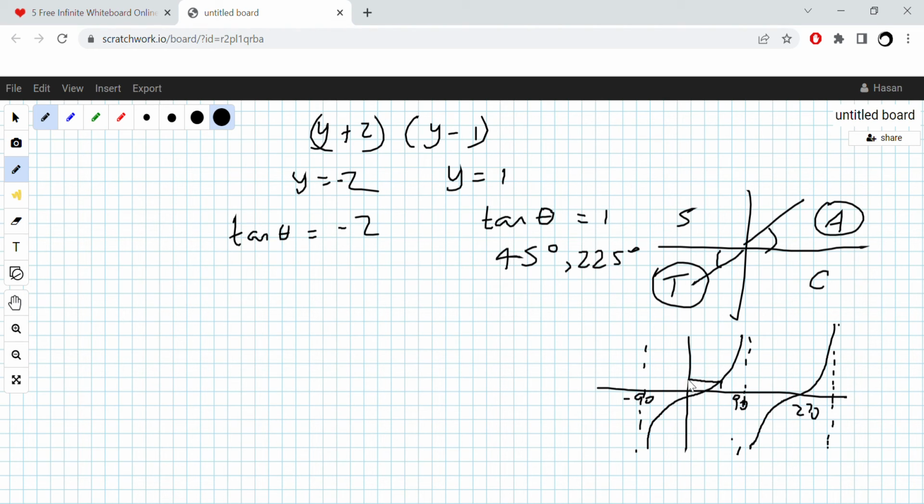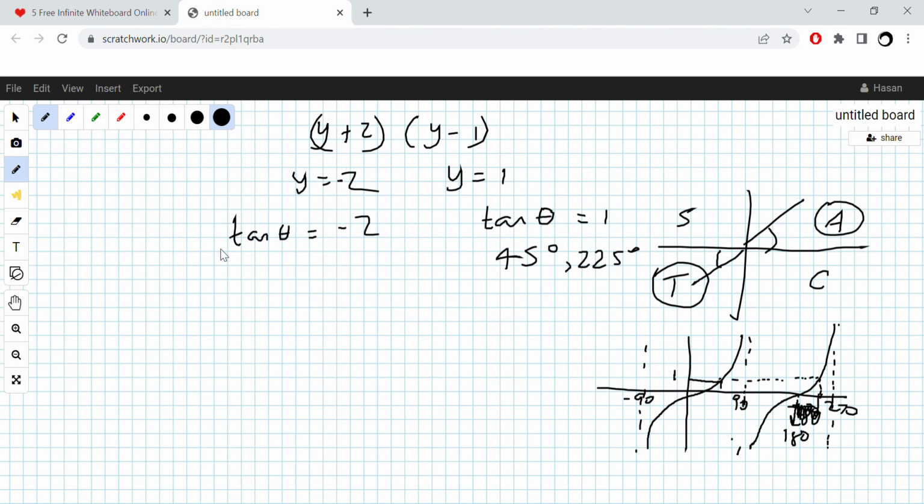This is 1. So when tan theta equals 1, you just go along. So this is 45, and then the next time it hits the graph, it's somewhere over there. Sorry, this should be 180, and 270 is the asymptote. 180 is where it crosses the line. So the next time it crosses the graph, that's at 225. Alright, so theta equals 45 degrees, 225 degrees.